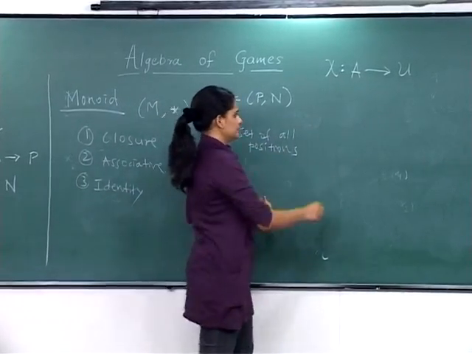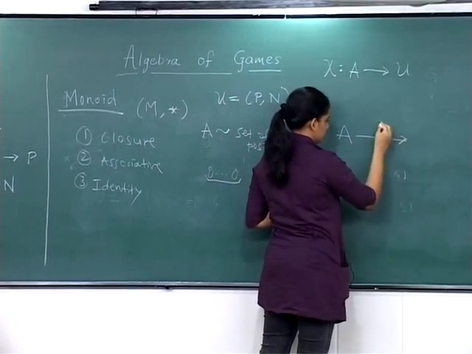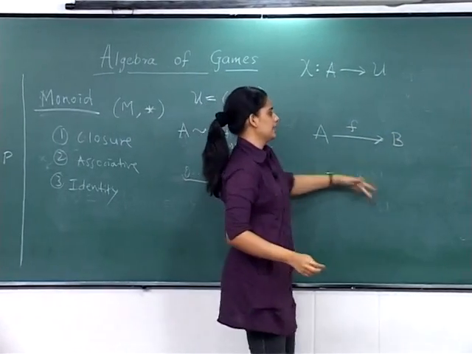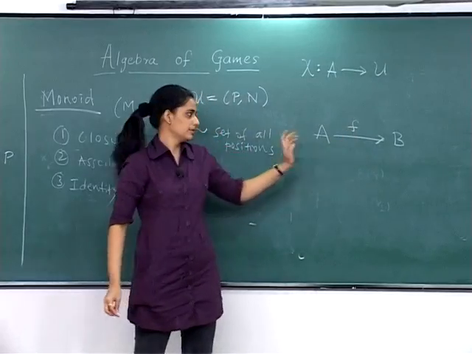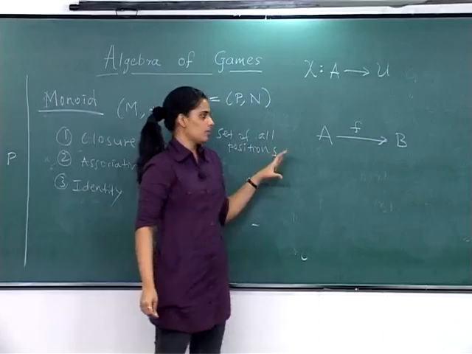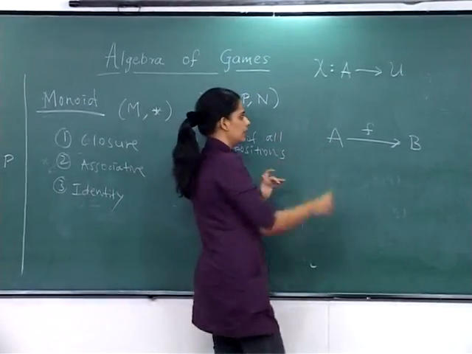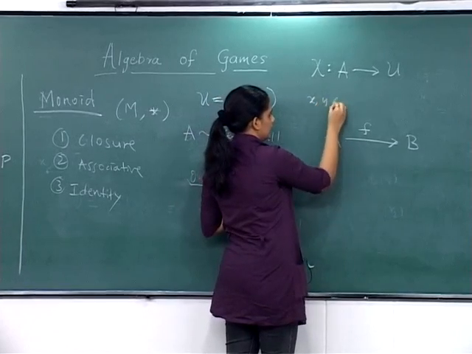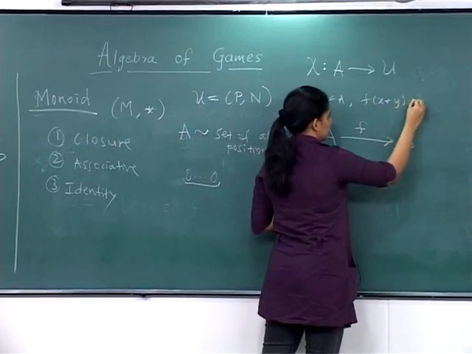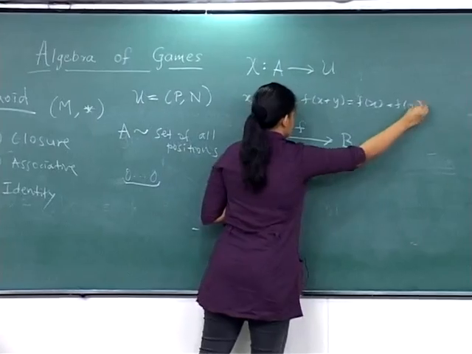So what we do is define a refinement on A. What do we mean by a refinement? A refinement is a function f from A to B, which is a homomorphism. Homomorphism means it preserves the monoid structure of A: given x, y belonging to A, f of x plus y is equal to f of x plus f of y.